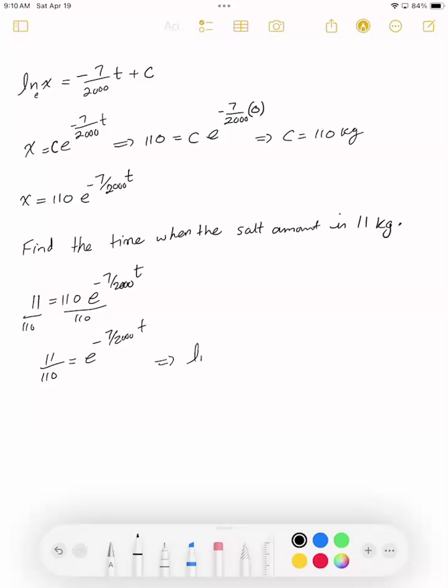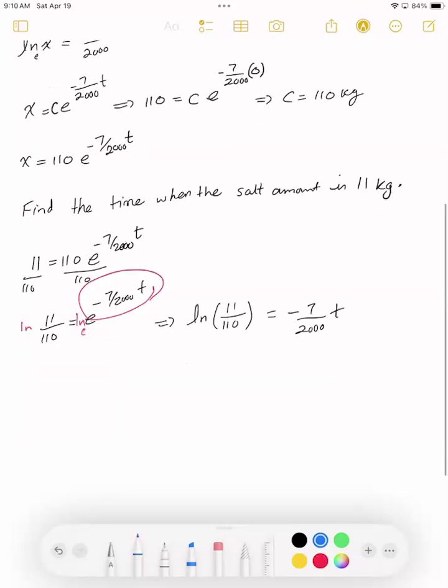I get ln of 11 over 110 equals negative 7 over 2,000 t, because it's an equation, I can insert ln on both sides. ln has a base e, so since the bases are the same, this goes away, and that's all I get. That's how I got that. And then I'm just going to divide both sides by the coefficient of t.